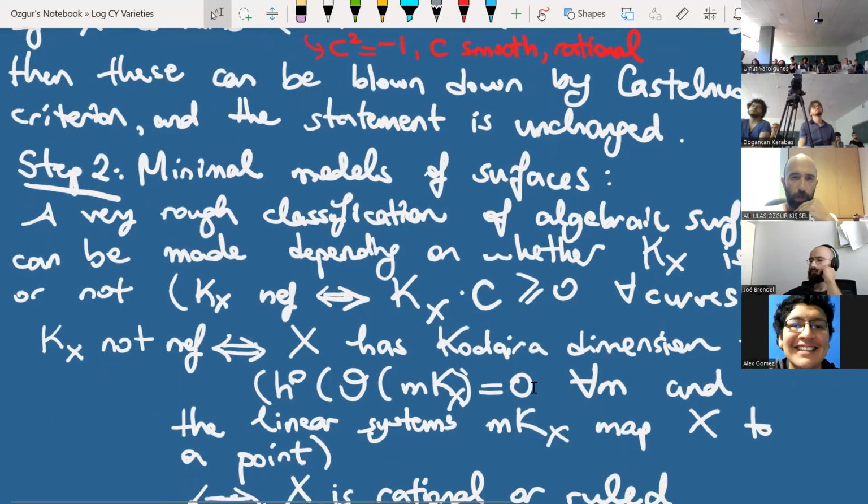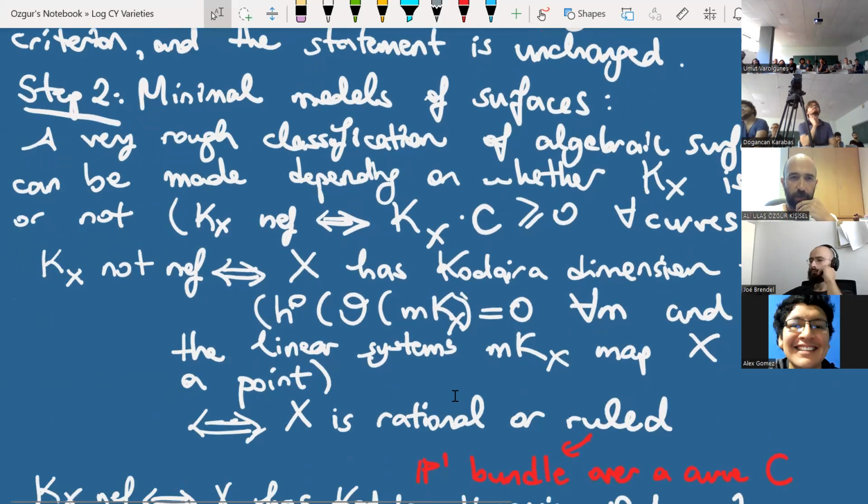Now, it turns out that K_X not nef is if and only if X has so-called Kodaira dimension minus infinity, but I could explain it, I guess. Not nef happens when the H0s of all mK are 0 for all positive m. I should have written positive here.